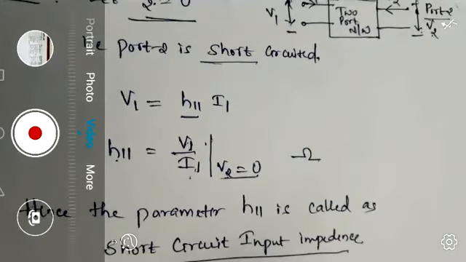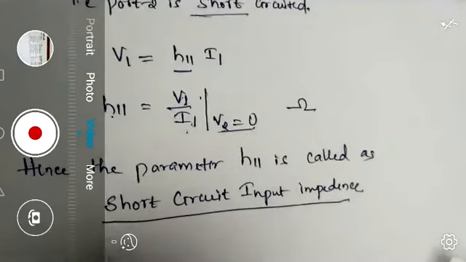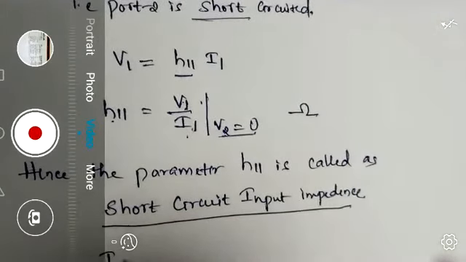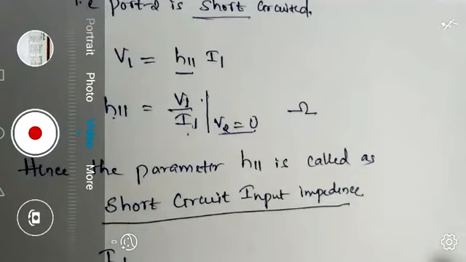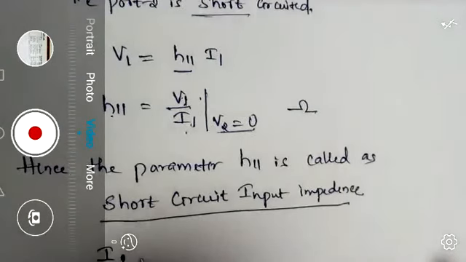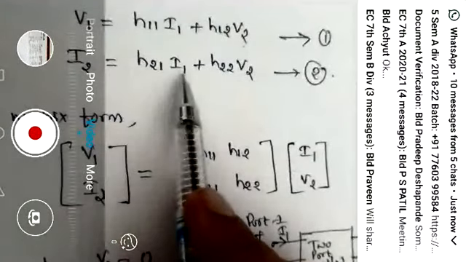Similarly, in equation 2, substitute V2 equal to 0. I2 is equal to H21 multiplied by I1 plus H22 V2.